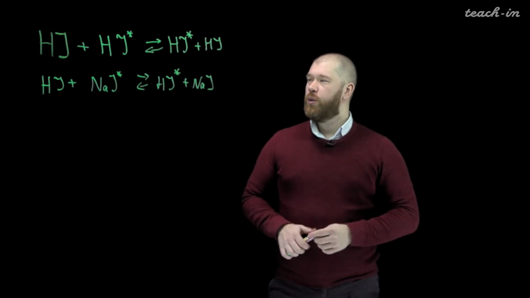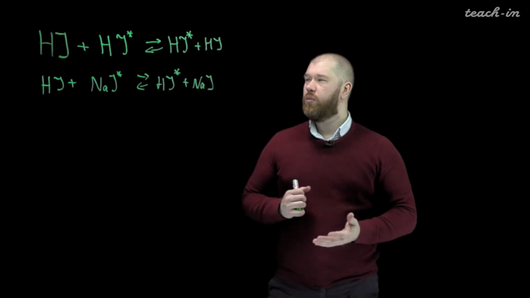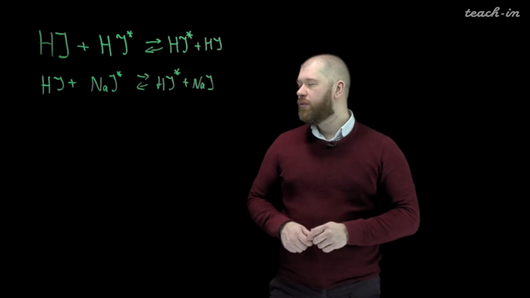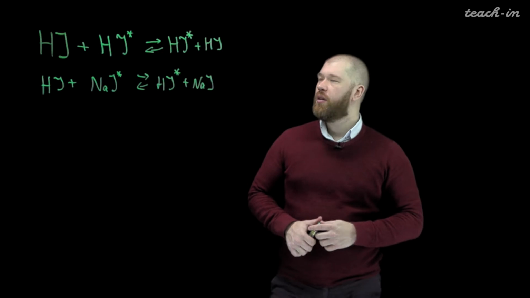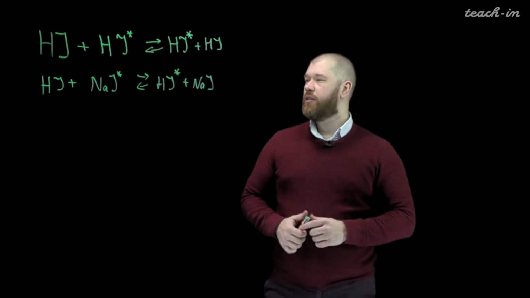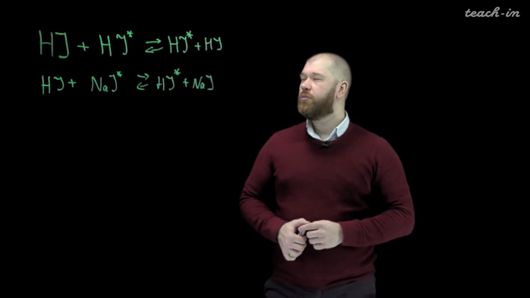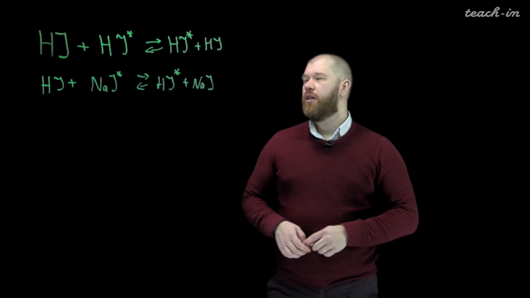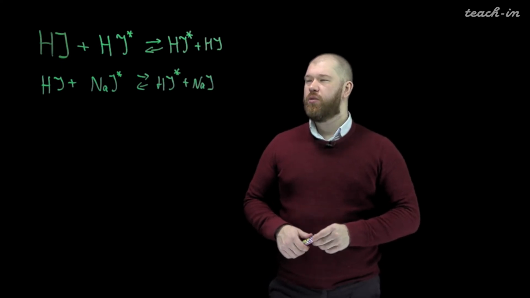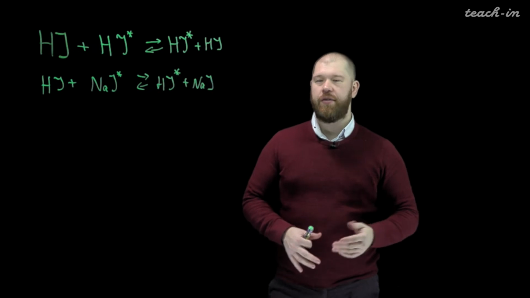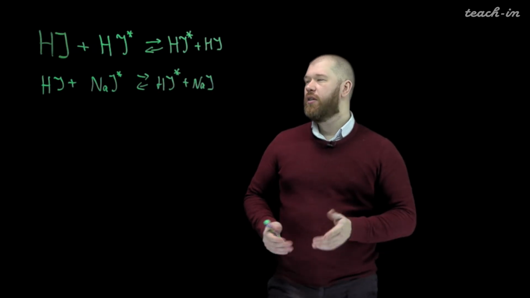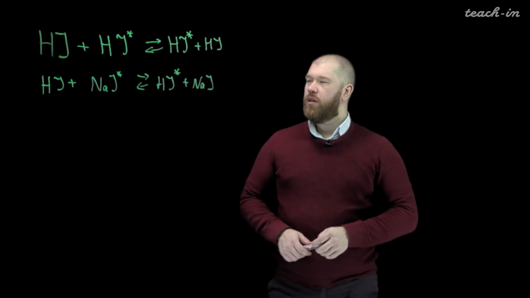And today we will look at what are the dependencies, what are parameters that can control this isotopic exchange, and how to calculate the specific activity that can be achieved by different methods.